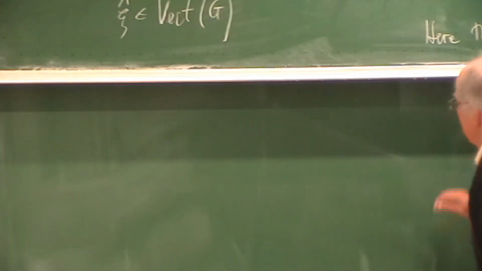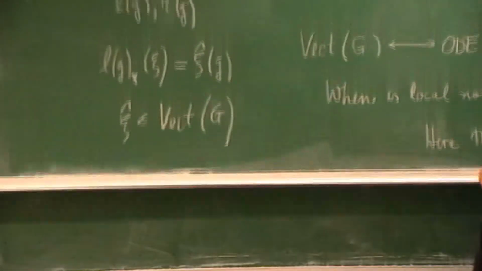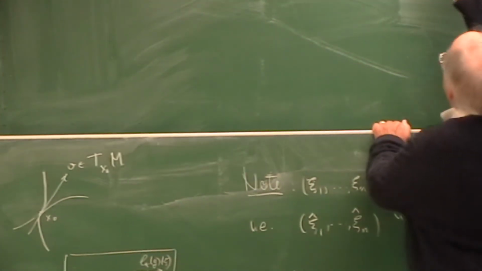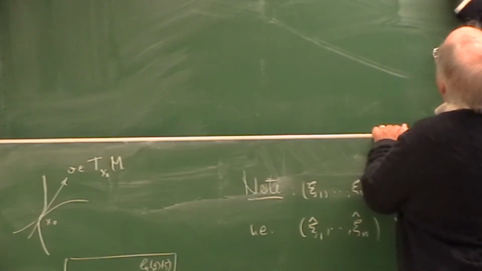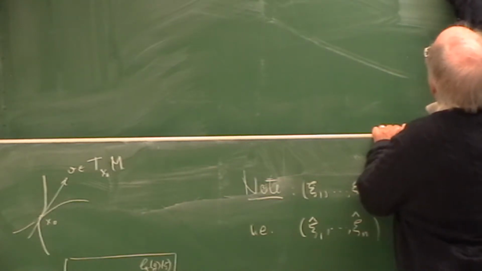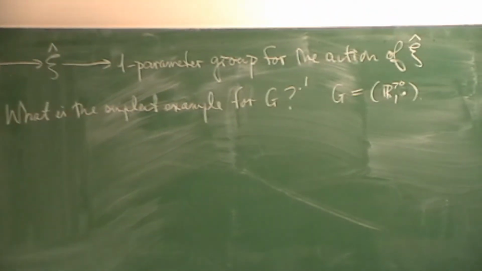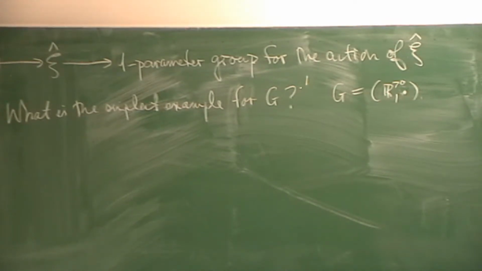Well, maybe that's too simple. Let's make it a little bit more complicated. Let's make G equal the positive real numbers with multiplication. It's a little bit nuts, right? As Abek says, it's the same, all right?